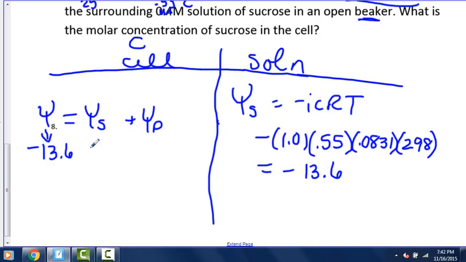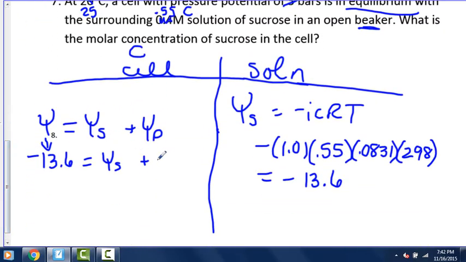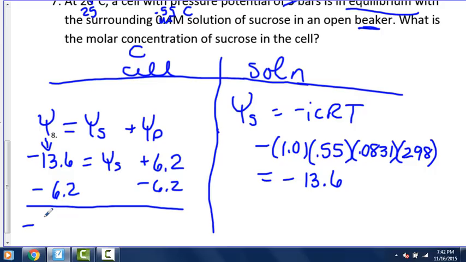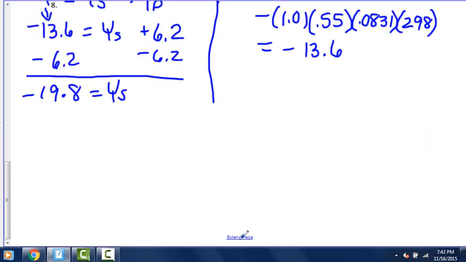So now I want to say negative 13.6 is going to be equal to my solute concentration plus, what did I change this to, 6.2? 6.2. So to get this alone, I go minus 6.2 on this side, minus 6.2 on this side, and so negative 19.8 is equal to this, the solute concentration inside the cell.